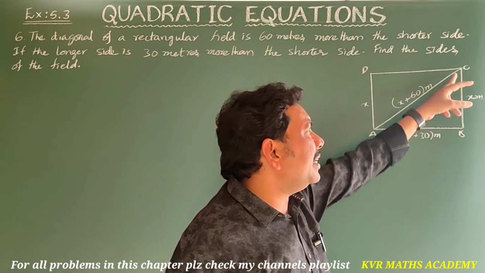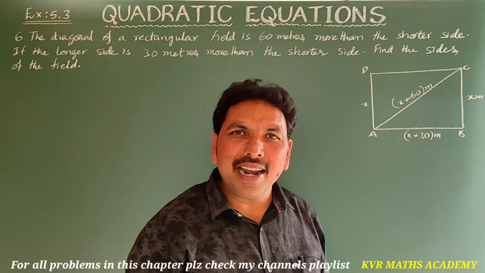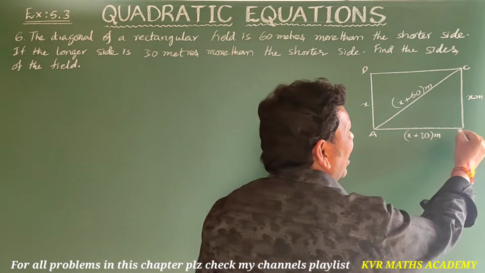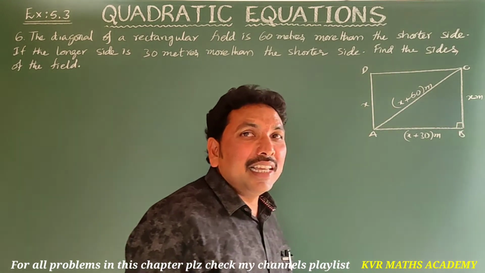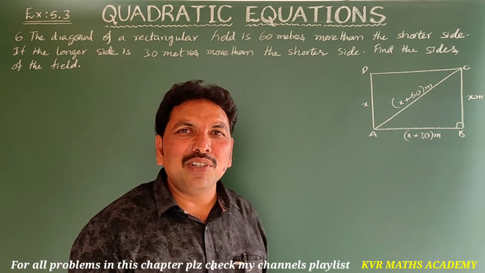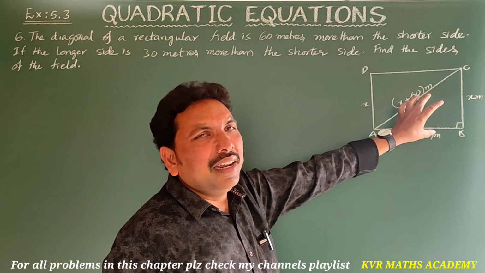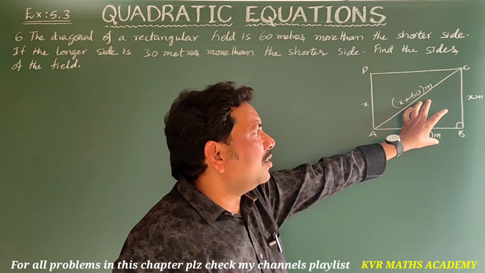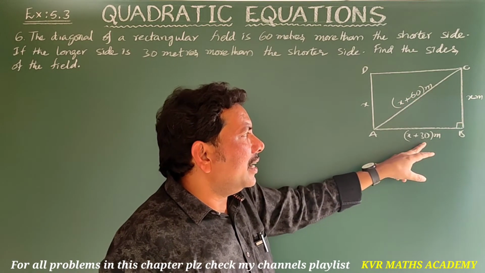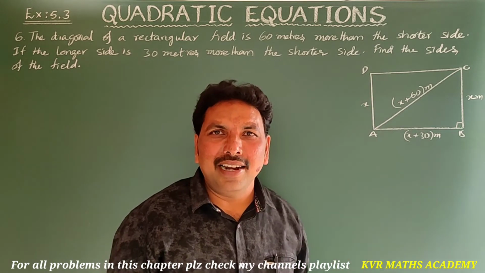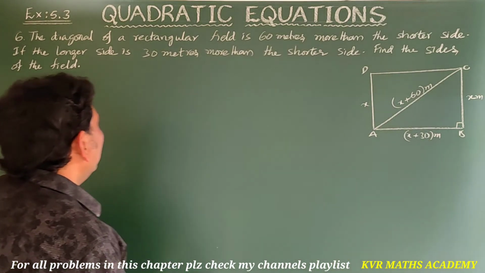So here ABC will be a right angle triangle. We know very well, in a right angle triangle, the square of hypotenuse is equal to the sum of the squares of the other two sides. Using that formula, let us find the values of shorter side, longer side and the diagonal. Right? Let us write now.